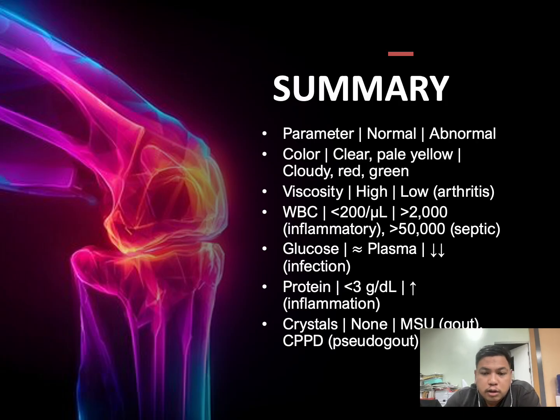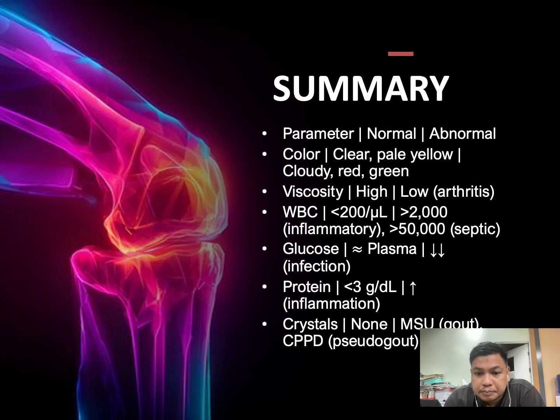No, so to summarize it all, there are different types of parameters to identify if synovial fluid is normal or abnormal. So we have color, clear to pale yellow, no? Also our clarity. So we have turbid, cloudy.